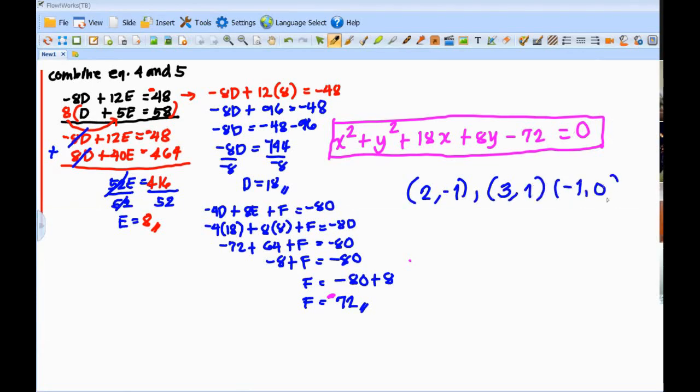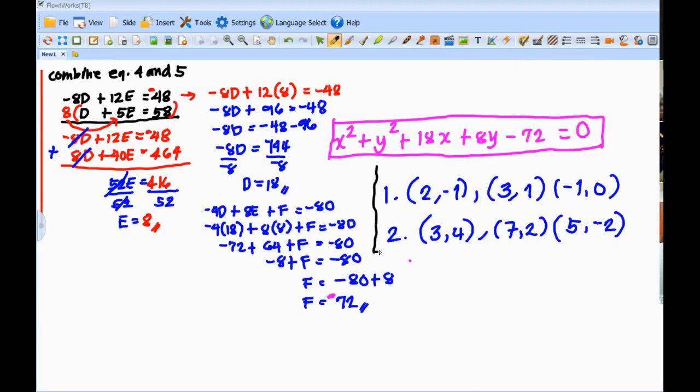Also 3, 4, 7, 2, and 5, negative 2. Okay? Okay, do your work so that you can be able to practice.